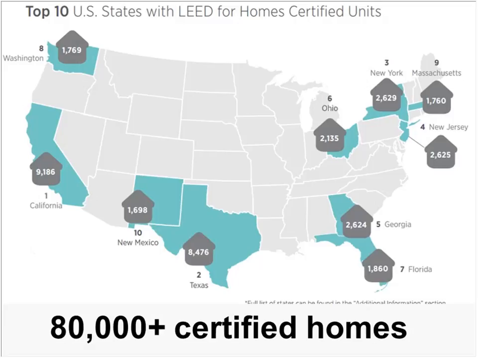So here, LEED for Homes, really big, and a shout out to Ohio, where we do a lot of work, as well as New York, for being number 6 and number 3 last year in LEED for Homes. Over 80,000 certified residential units, and over 150,000 certified LEED residential under both NC and homes under the new construction program.